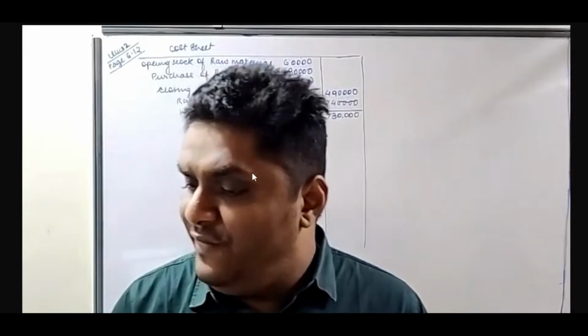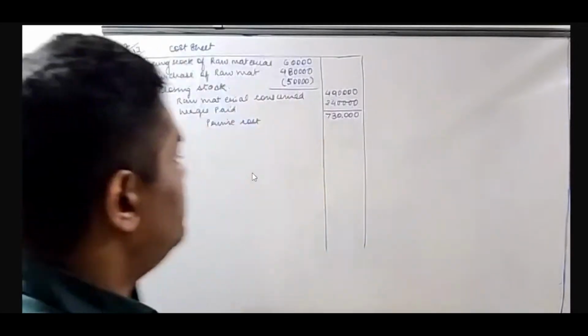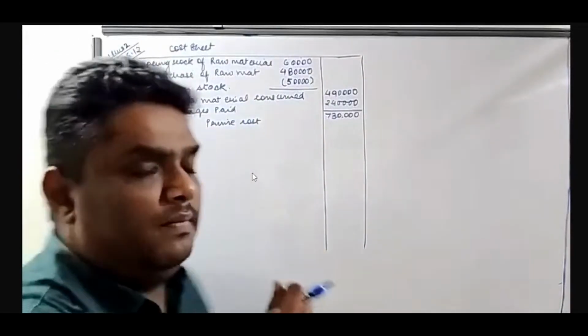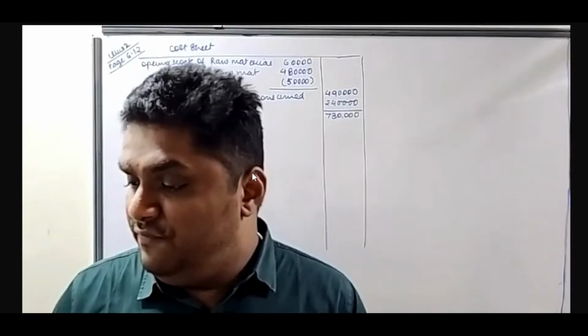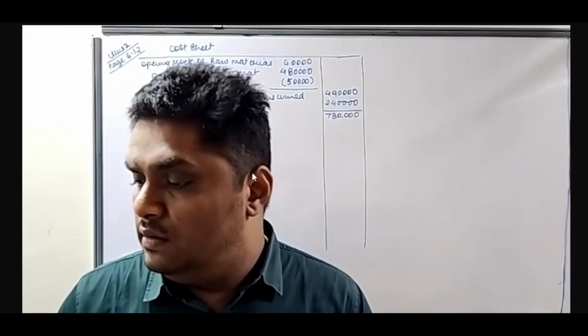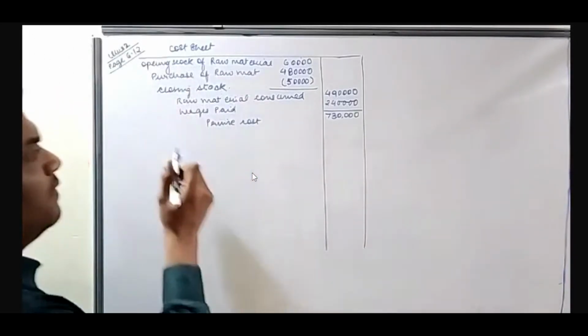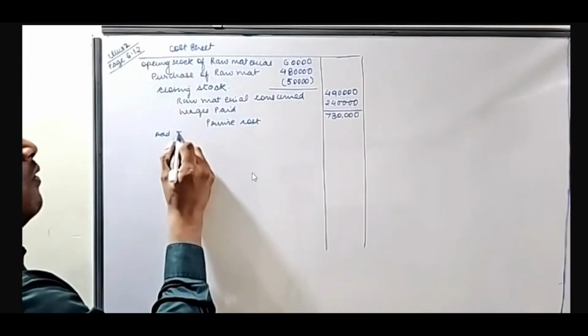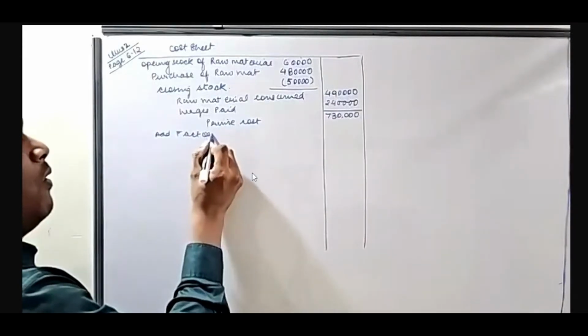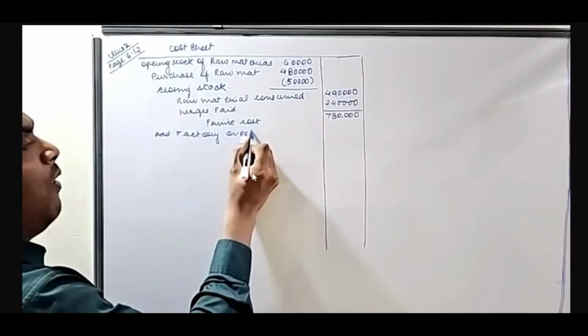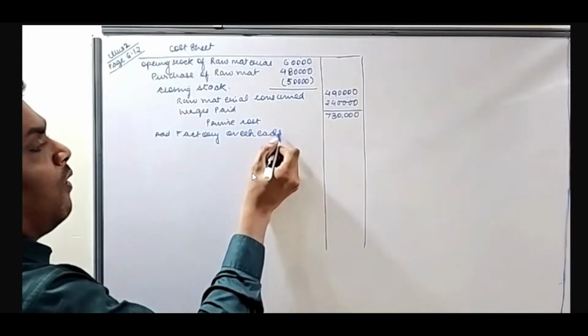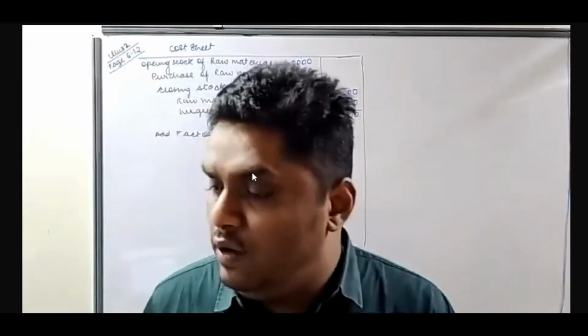In this, if we add factory overheads, we'll get the gross factory cost or work cost.